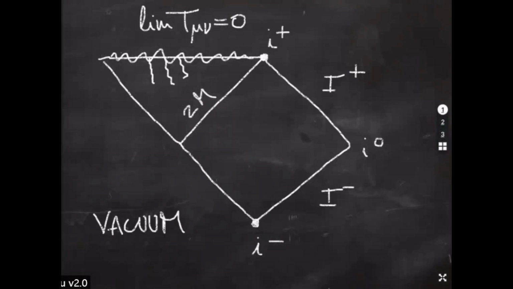Another thing to take into account is that the spacetime solution per se is vacuum, and then T mu nu equals 0 and has no curvature, which mathematically speaking can be written like this.